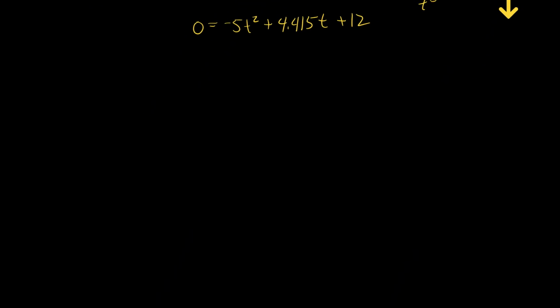You could plot it or use the quadratic formula. So negative b plus or minus the square root of b squared, 19.496, minus 4ac.